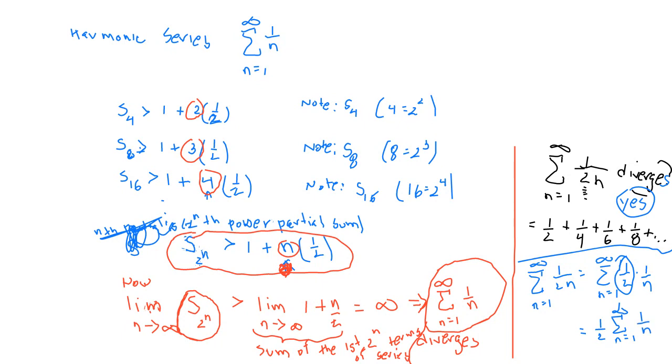Well, what kind of series is the series where n goes from 1 to infinity of 1/n? It's the harmonic series, and our harmonic series diverges, right? So this series equals infinity.